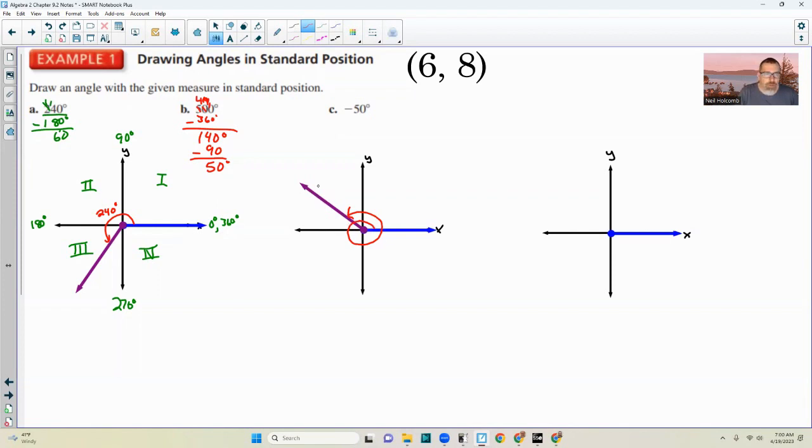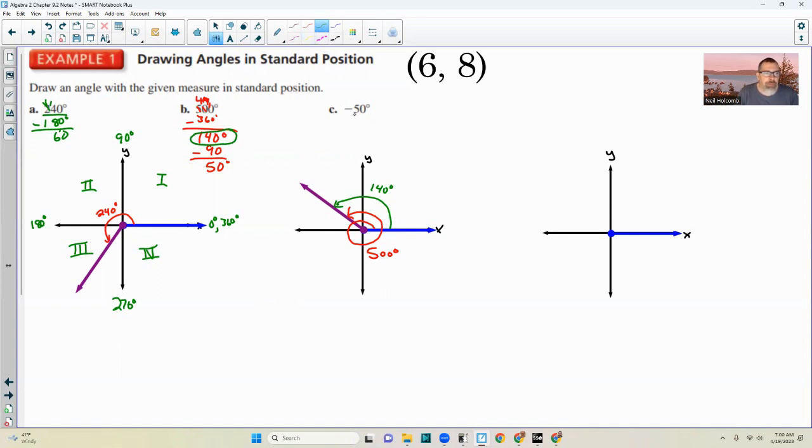Okay, so this is 500 degrees. And you could also do this. Okay, the book is showing this being 140 degrees, and 140 degrees is how much further than 360 we went. So there is an angle of 500 degrees.